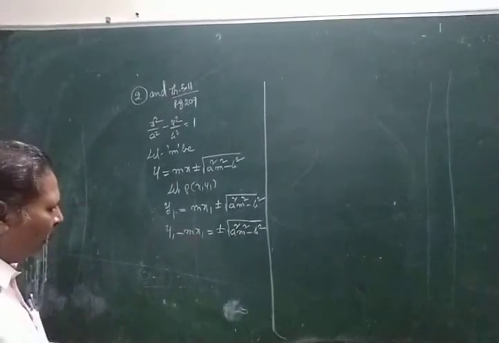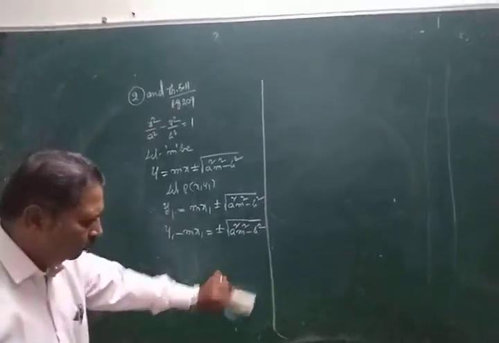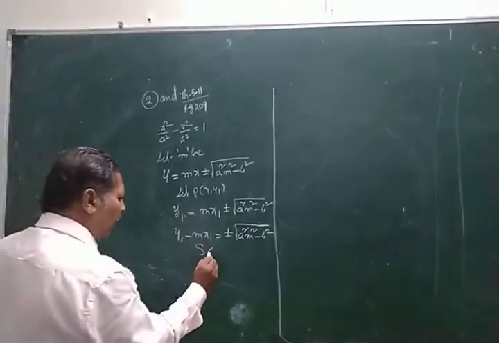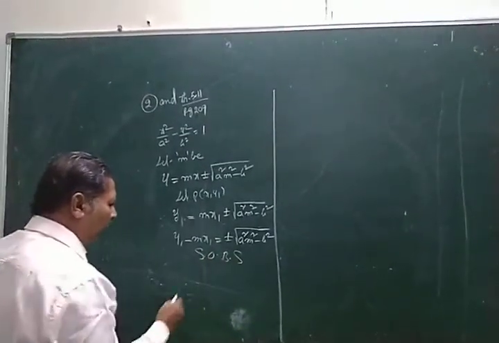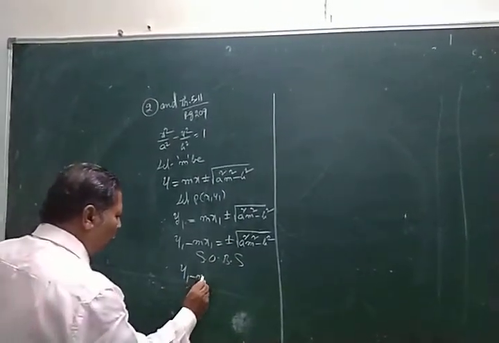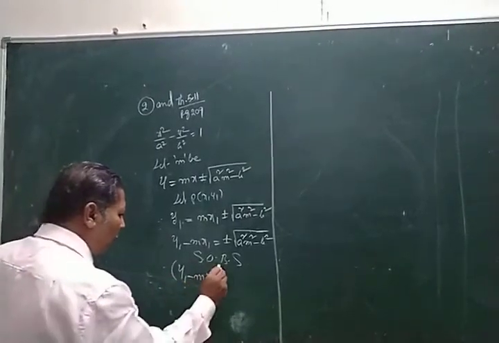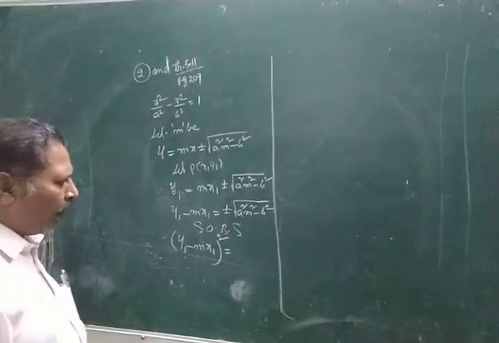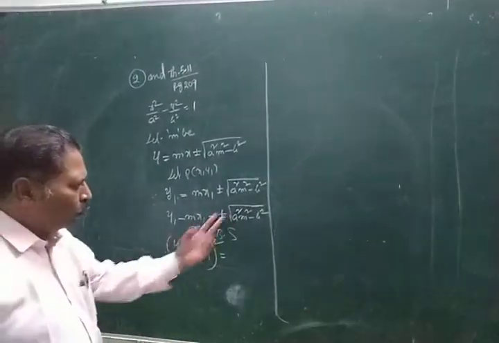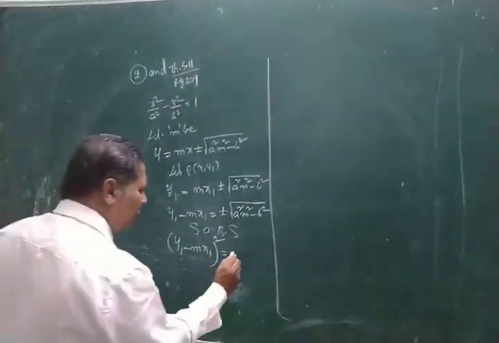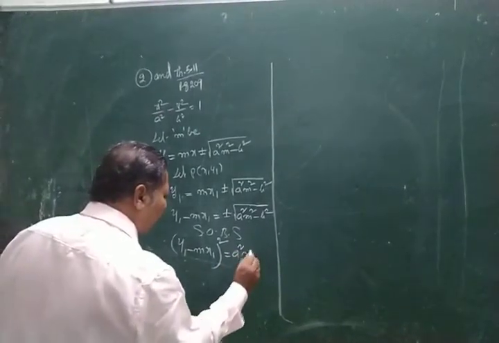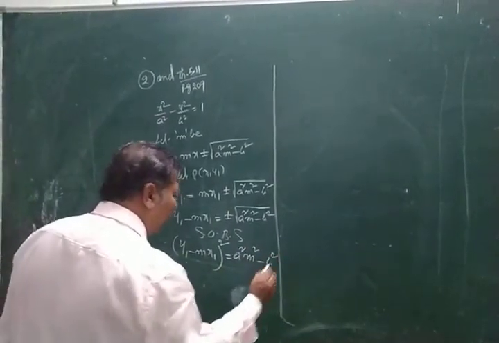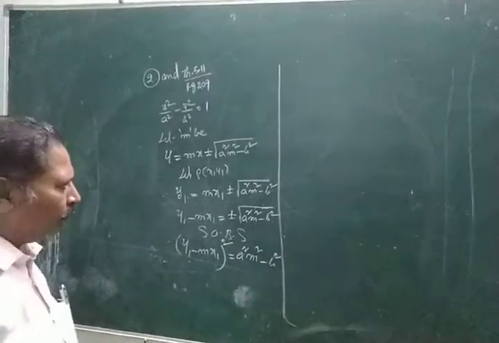Squaring on both sides: y1 minus mx1 whole square, root and square cancel, equal to a square m square minus b square.